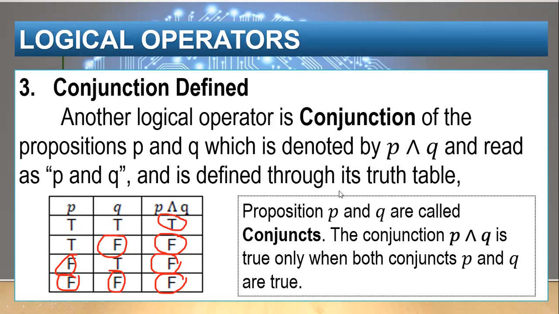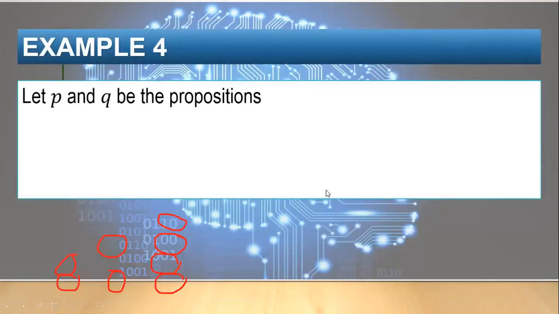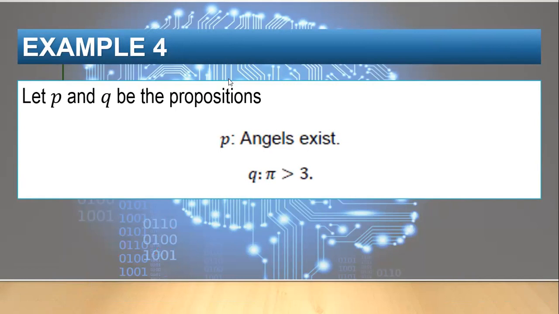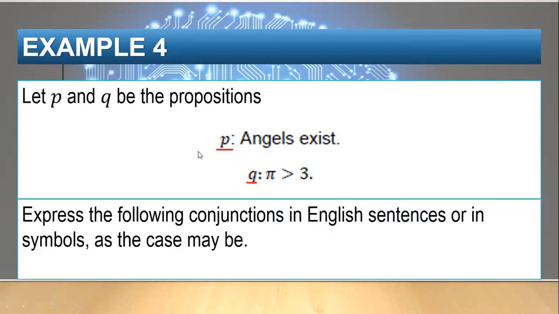So next, for our example, so we have two propositions here, proposition P and Q. So proposition P states that angels exist and pi is greater than 3 for proposition Q. So let us have the conjunction of these.